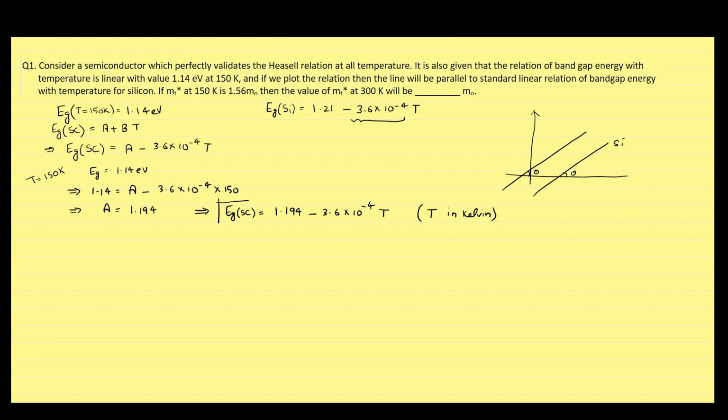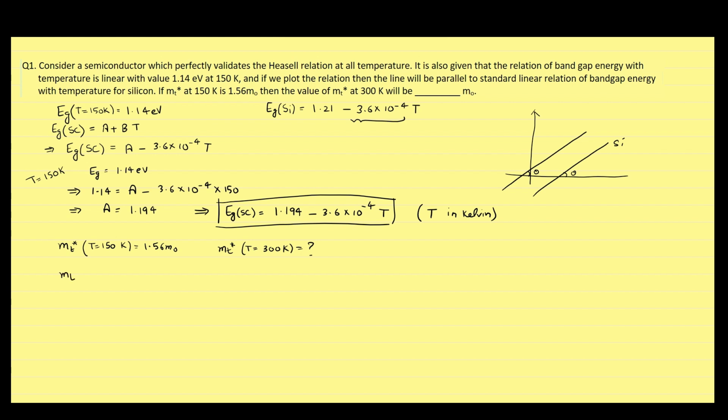Now the question is, if transverse effective mass at 150 Kelvin is equal to 1.56 m naught, then what will be the value of transverse effective mass at 300 Kelvin? It is provided in the beginning of the question itself that the semiconductor follows Hazel relation at all temperatures.